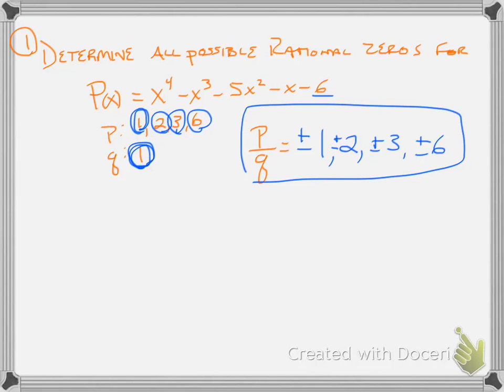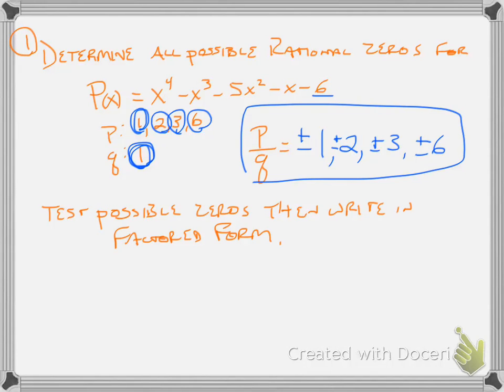And then sometimes it's going to ask me to test the zeros to find the ones that are actually zeros and write it in factored form. So I'm going to use synthetic division to test all these possible zeros, and I'm going to start with positive 1.